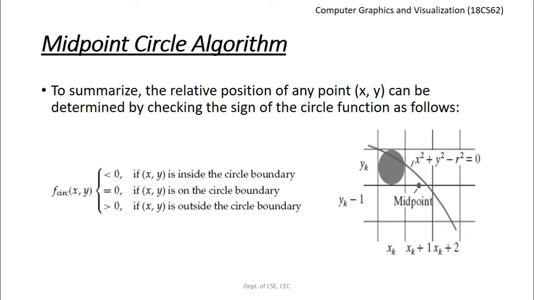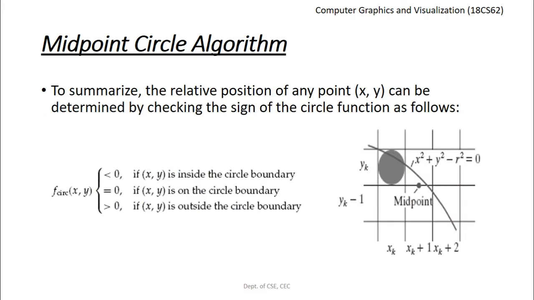To do that, we find the midpoint. The midpoint of yk minus 1 and yk is yk minus 1 by 2. We use that midpoint to determine which of the two pixels should be selected.